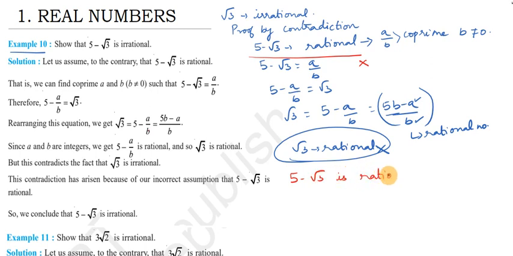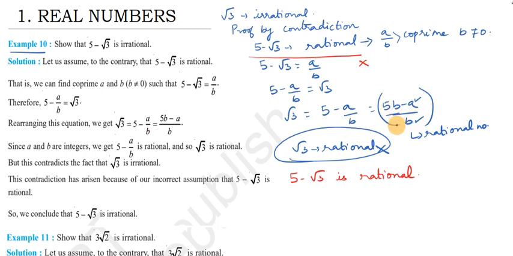Thus we are able to prove that 5 minus root 3 is irrational. So we are doing the same thing which we did in the theorems. We consider the contradiction method, assume it is rational, and write it as a fraction a by b, where a and b are co-prime with the denominator b not equal to 0. When we rearrange this, we get root 3 equal to 5 minus a by b.